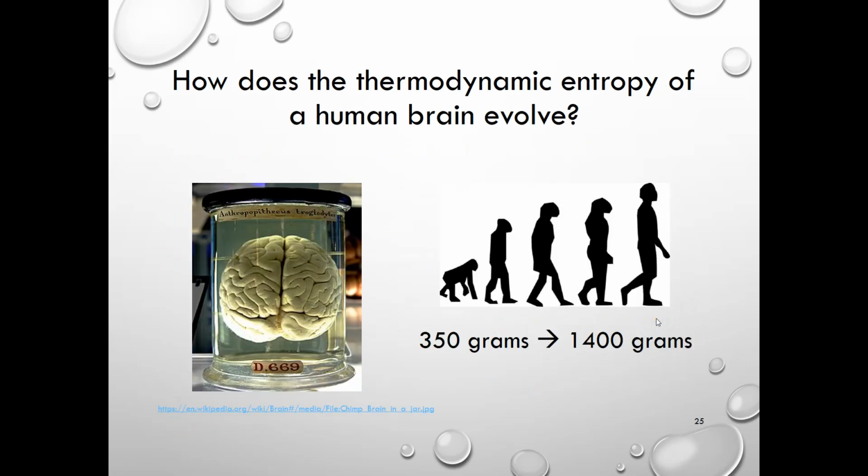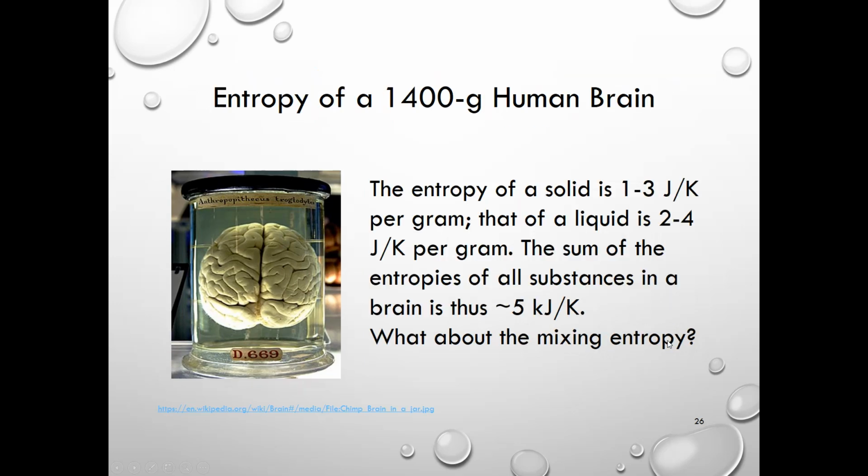Now let's calculate the entropy of a human brain. The mass of a human brain increases from 350 to 1400 grams in the past millions of years. How do we calculate the entropy of a human brain?